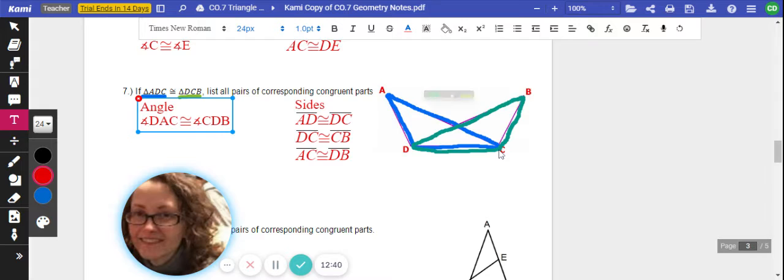And if I look at my green triangle, angle CDB would be right here at the tip of my green triangle, the bottom left corner.